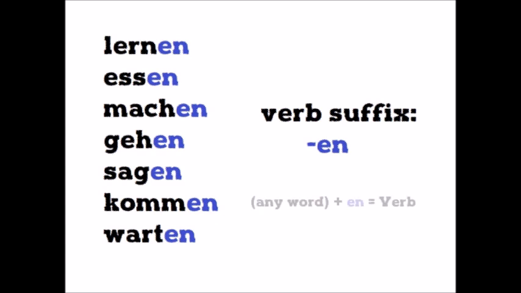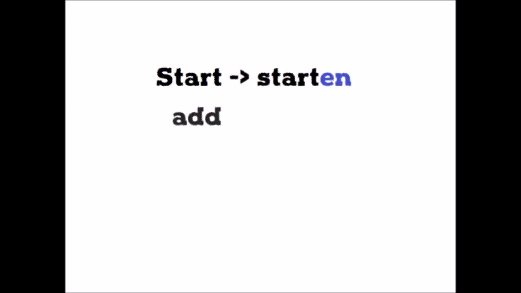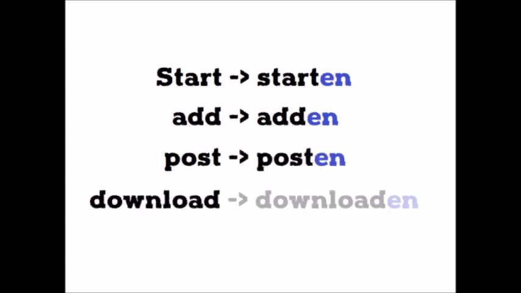In the simplest case of verbalization, you would just add en to a word and it turns into a verb. This happens a lot with English loanwords, like with words on the internet. For example, start, starten, add, adden, post, posten, download, downloaden.